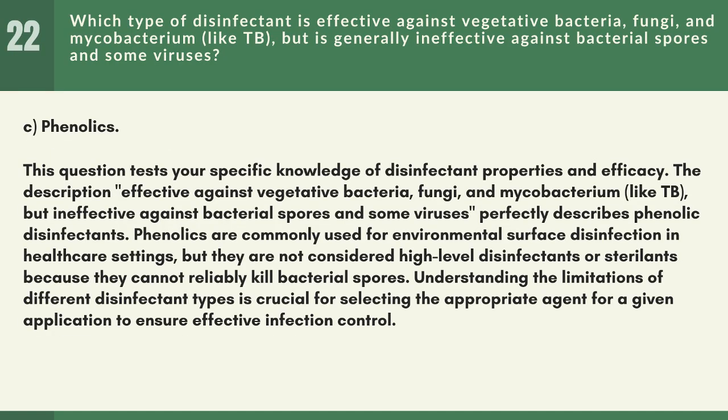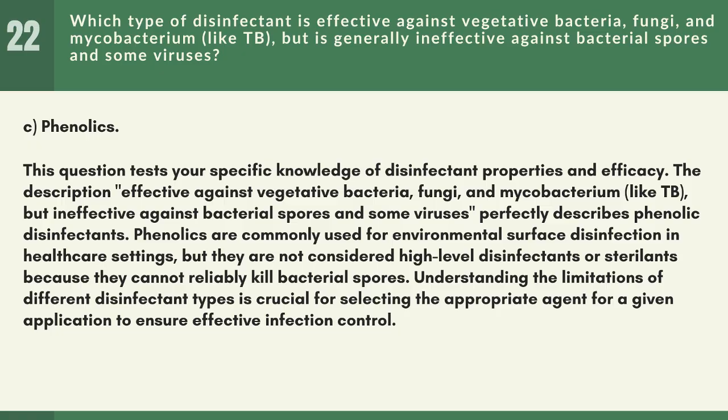Answer: C. Phenolics. This question tests your specific knowledge of disinfectant properties and efficacy. The description effective against vegetative bacteria, fungi, and mycobacterium, like TB, but ineffective against bacterial spores and some viruses, perfectly describes phenolic disinfectants.